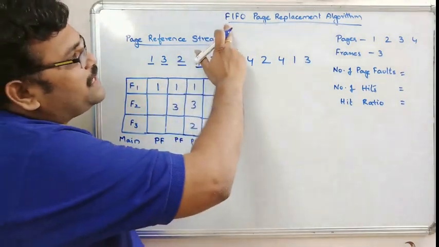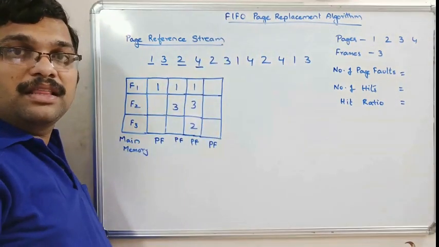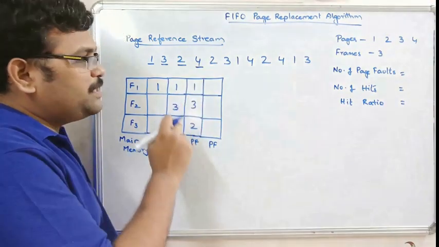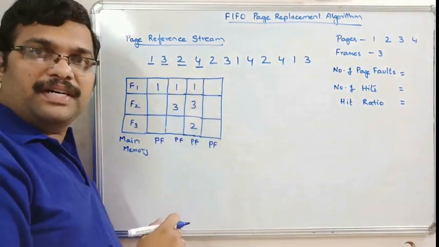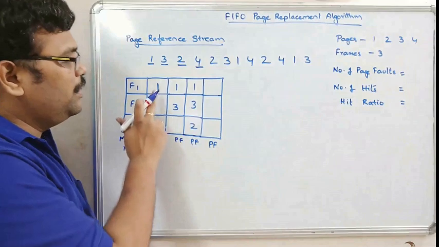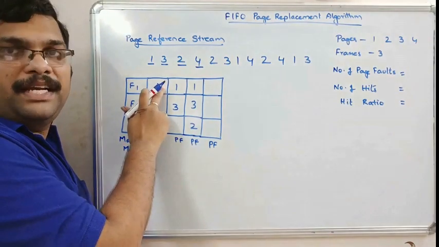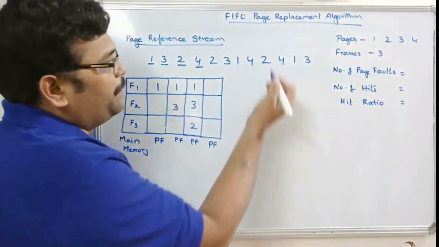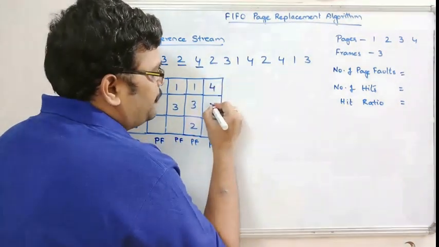That is first in, first out. Our algorithm gives first in, first out. So among these 3, the page which is loaded first should be removed. By observation, we can know that 1 is the first page to be loaded among these 3: 1, 3, 2. So 1 will be replaced and 4 will be loaded here.